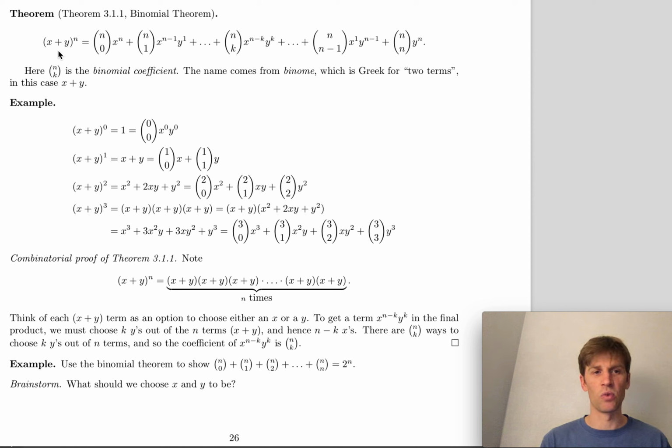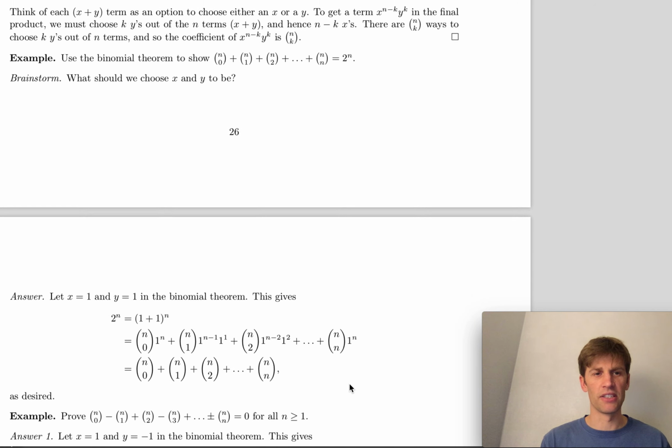Then x plus y to the n is just going to be 2 to the n. And all these terms of the form n choose k times 1 to some power times 1 to some power just become n choose k. And so on one side, I have n choose 0 plus dot dot dot all the way up to n choose n, and on the other side, I have my 2 to the n.